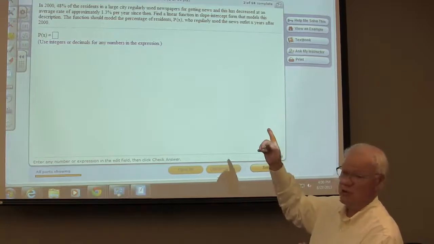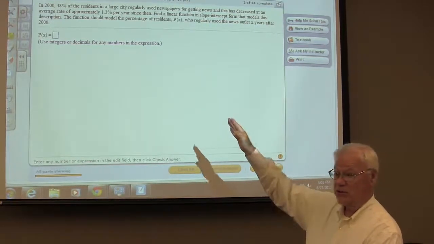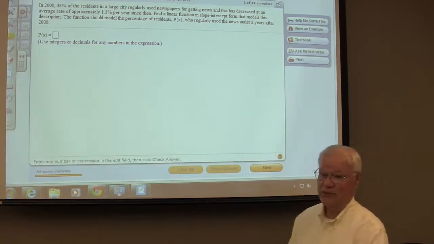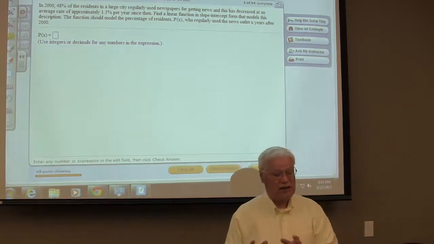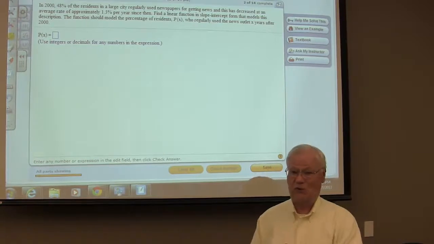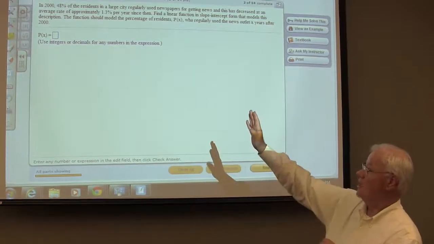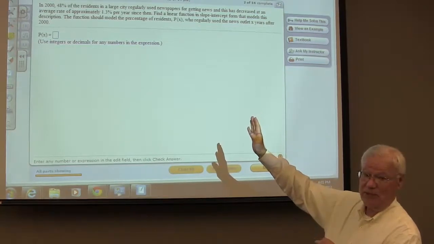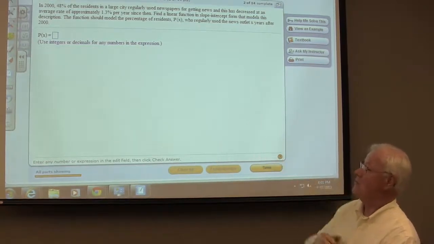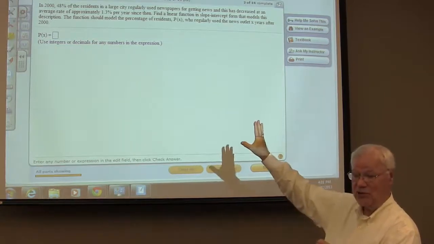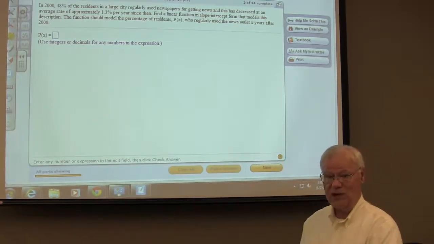But it's decreasing, so it's going downhill. That means it's minus 1.3. Another way of saying that is, in the year 2001, 1 year after we started, we'd have 48% minus 1.3% that year. So we'd be down to 46.7% readership after the year 2001.